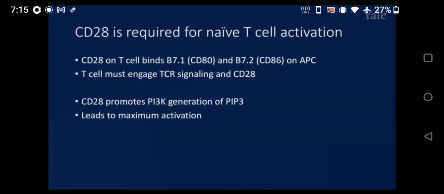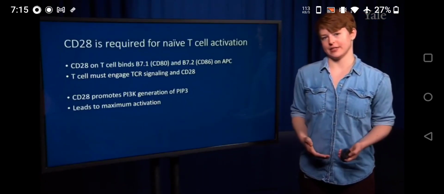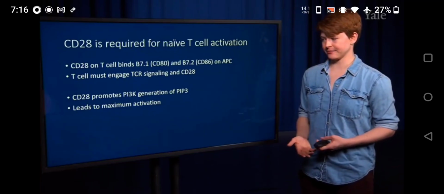CD28 binds to two different molecules on the cell surface of an antigen-presenting cell. These are known as B7.1 and B7.2. And in order to engage TCR signaling, the T cell must have binding to the TCR as well as this co-receptor, CD28.